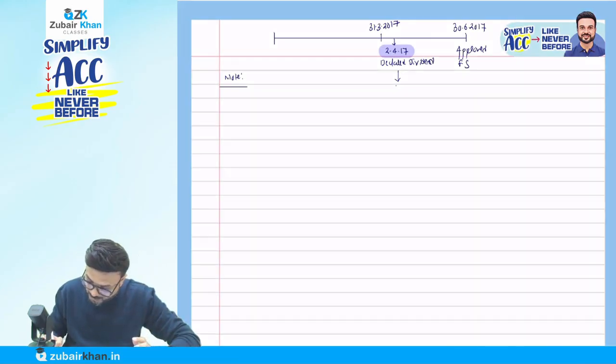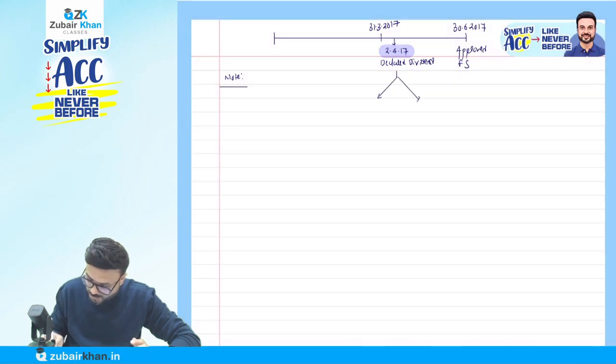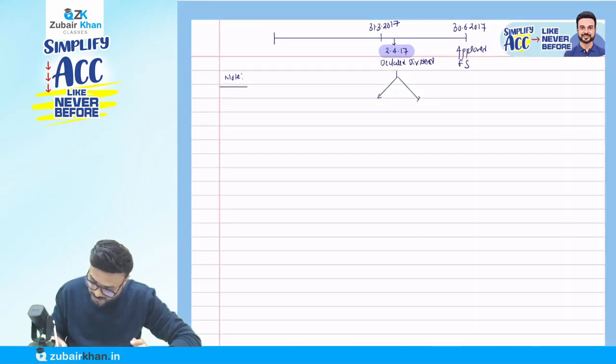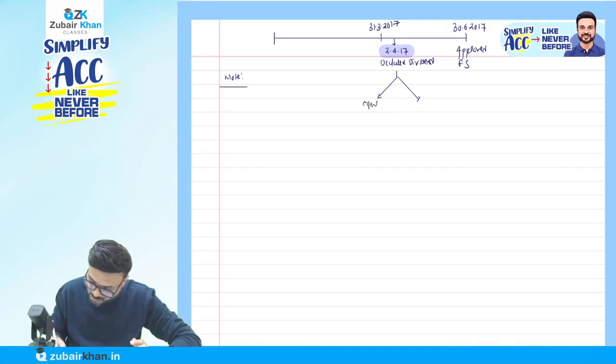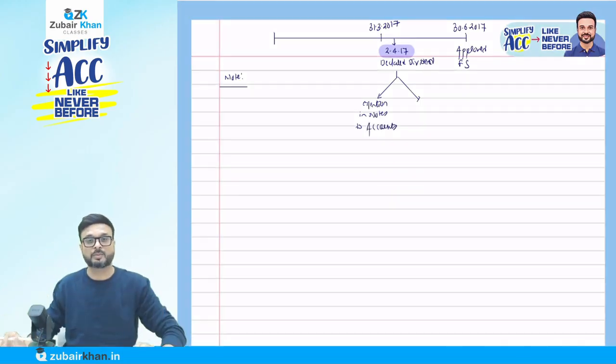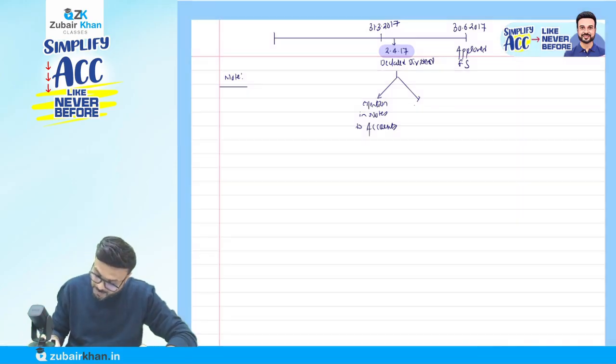So what is going to happen now? Dividend declared. Let me write it down here, the two. Now, first, mention in notes to accounts. Write it down like that. Mention in notes to account and accounting.